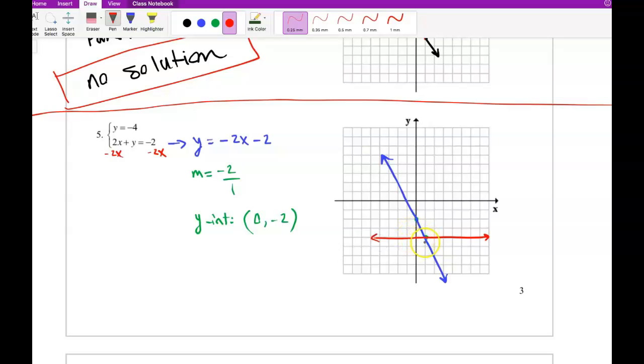And we have one point in common, meaning that there's one solution for this system, and that is this point. So it's this one, and this is 1, negative 4. So we have one solution, and that is 1, negative 4.